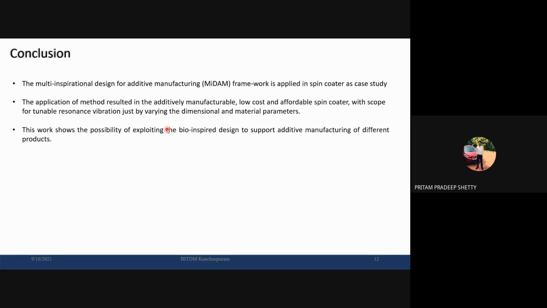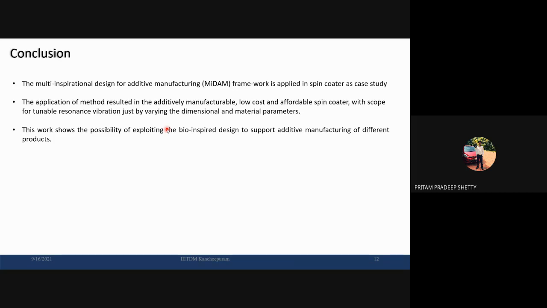Next, the application of the method resulted in an additively manufacturable, low cost and affordable spin coater. We reduced the support structure by considering different aspects of additive manufacturing, and there was scope for tunable resonance of vibration, facilitated by multi-inspirational design.